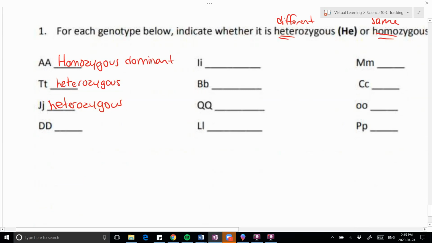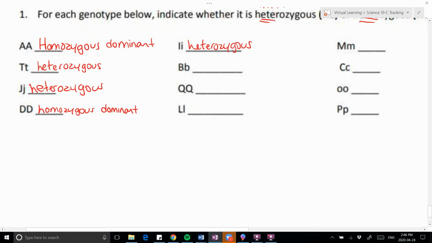Same or different? The same. That's homozygous. So now with homozygous, we need to differentiate between dominant and recessive. In this case, because they're both capitals, it's going to be homozygous dominant. Same or different? Different. Hetero. Same or different?